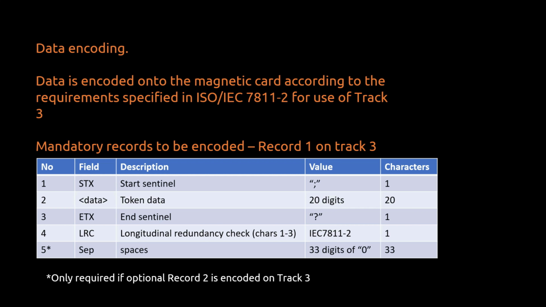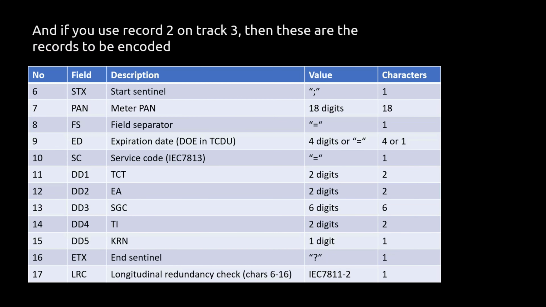And then a separator, which is 33 digits of the character 0 coming at the end of that. Field number 5 is only required if optional record 2 is encoded on track 3. If it's not, then you don't need it.